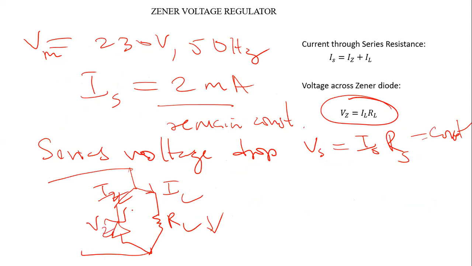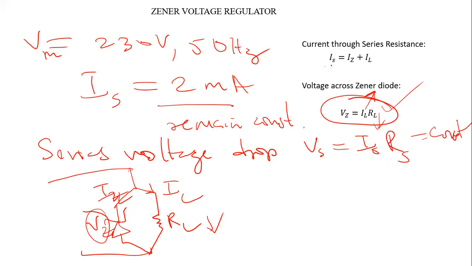As long as the zener diode operates in the breakdown region, the voltage across zener diode will remain fixed at Vz, and your voltage across the load resistance should also be equal to your Vz value. So if RL is dropped due to heating, in order to keep the voltage across your load resistance fixed, there has to be an increase in IL value, isn't it? There has to be increase in IL value.